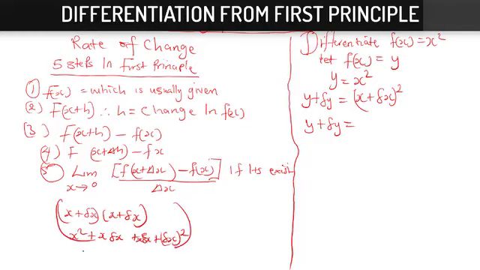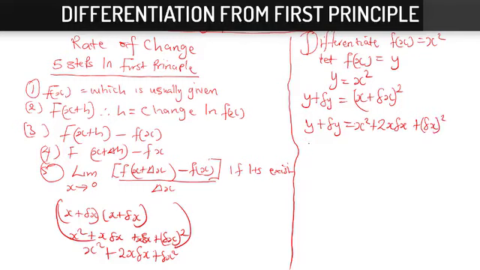So you now have x squared plus x dx, that is plus 2x dx, then plus change in x squared. So this is what we get. So this becomes x squared plus 2x dx plus change in x all squared.